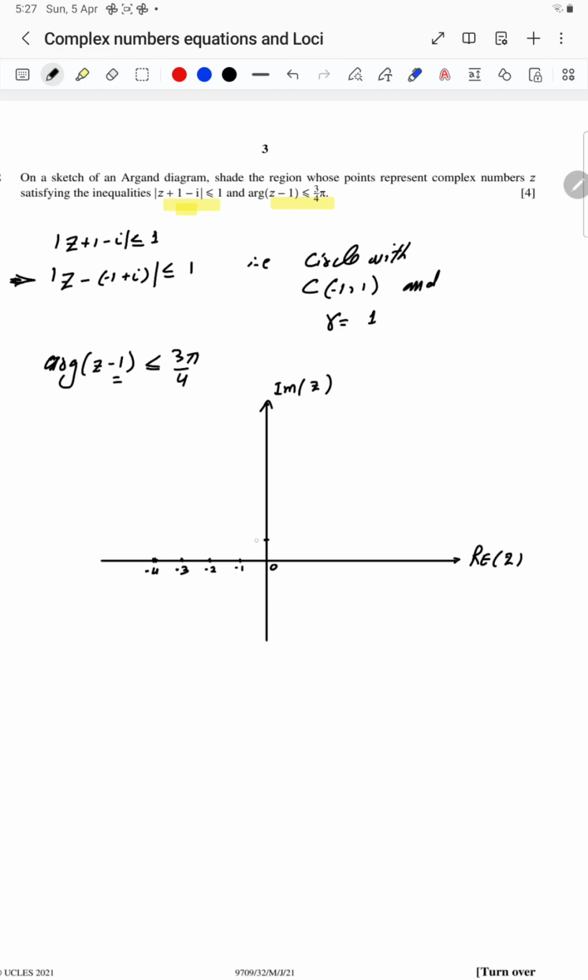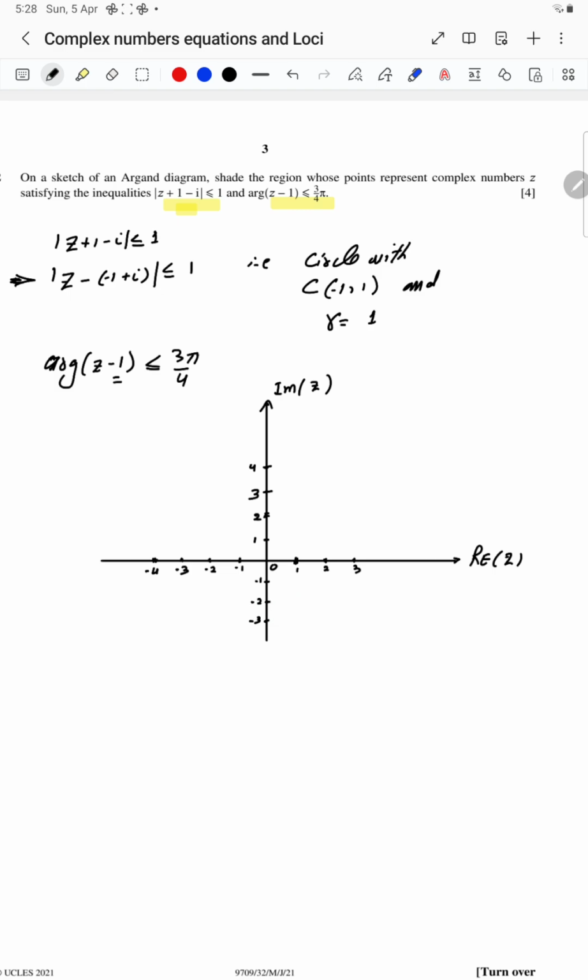Here 1, here 2, here 3, 4. Then the same goes for the vertical axis: 1, 2, 3, and so on, and -1, -2, -3, and so on.